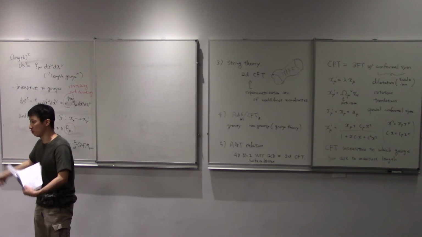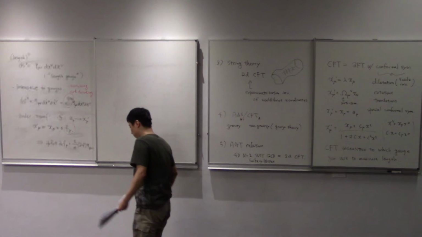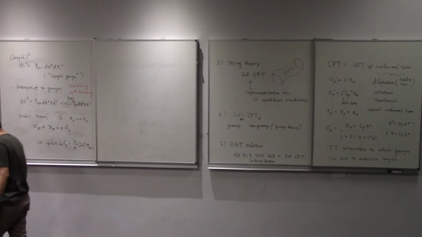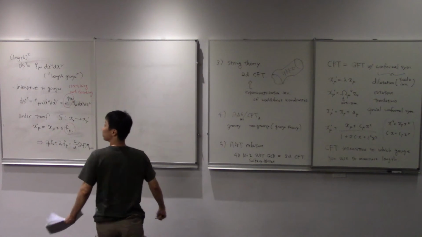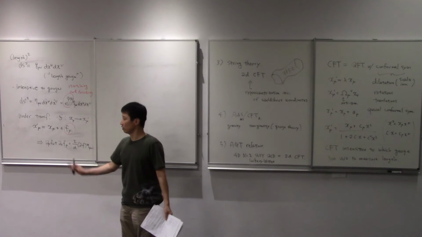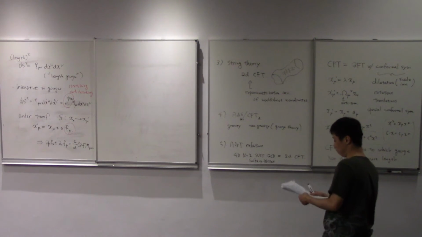So that's the idea of conformal field theory. By using this symmetry, you can get a number of results regardless of the details of the theory. That's the thing people want to learn in conformal field theory.